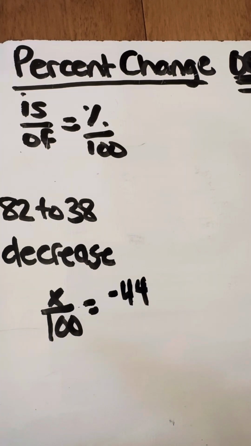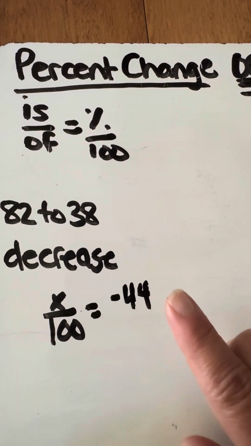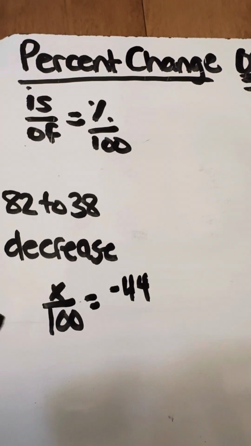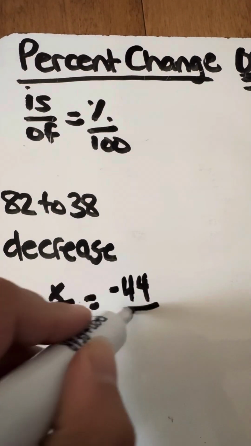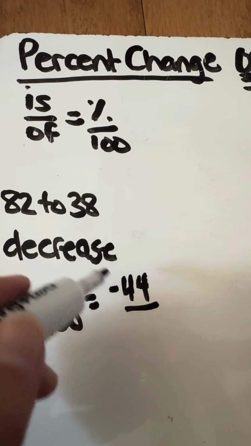We do need to identify if it's a decrease, so it is obviously a decrease. But you don't have to put the negative there as long as you know later on, like you've written it, that it's a decrease, just so you have a heads up. And then what we started with, which was 82.